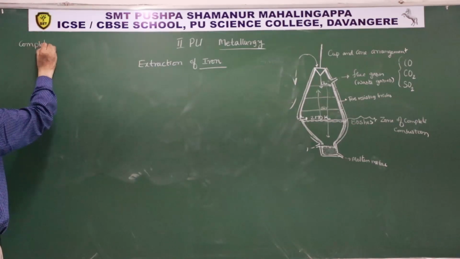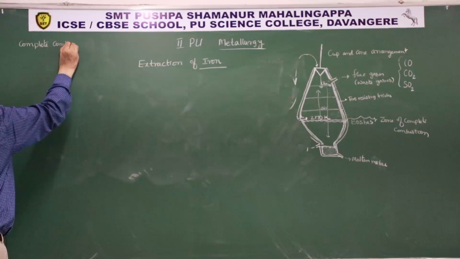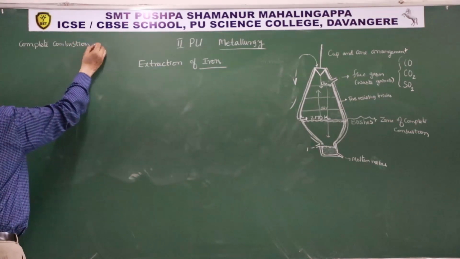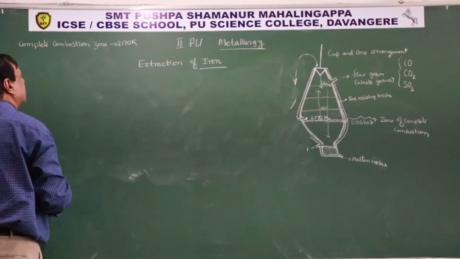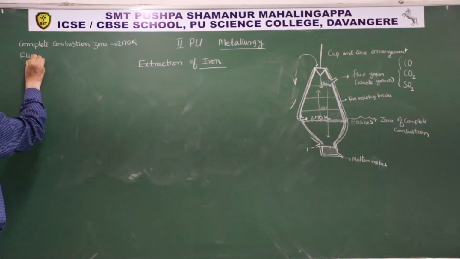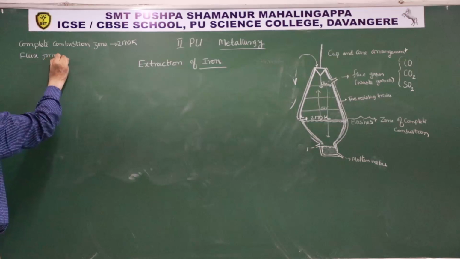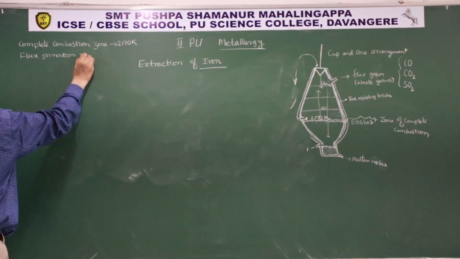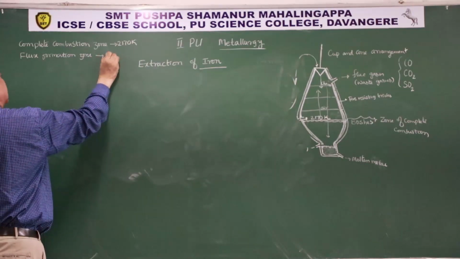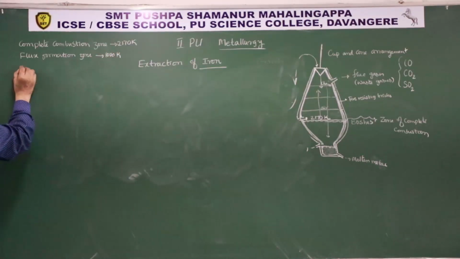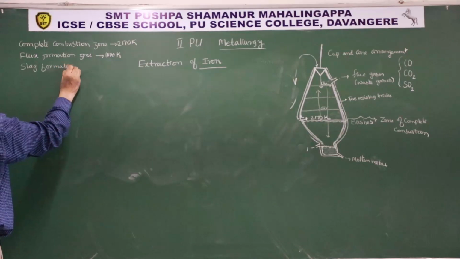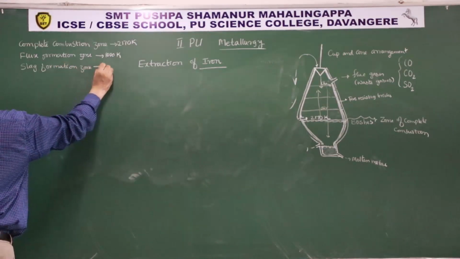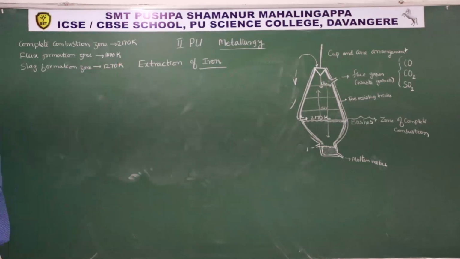Complete combustion zone; flux formation zone, around 1000 Kelvin; slag formation zone, 1270 Kelvin. Very important.